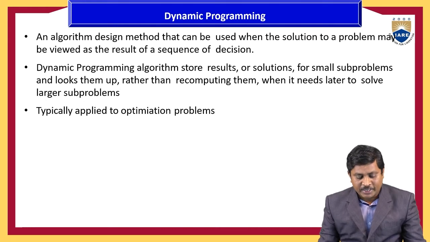So dynamic programming is a design method used to solve problems in the form of a sequence of decisions, and it is mainly used to solve optimization problems.